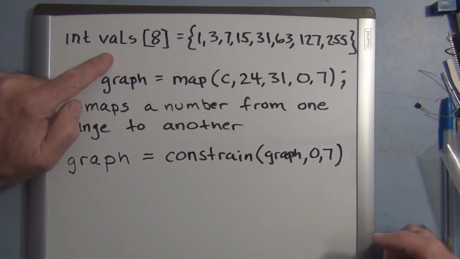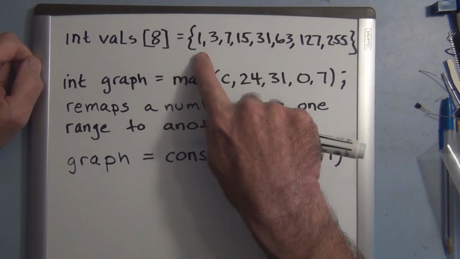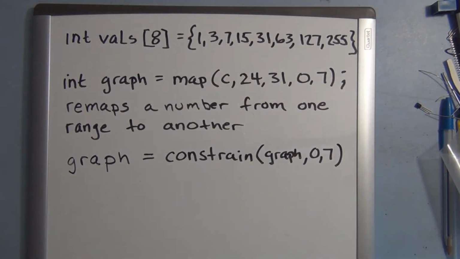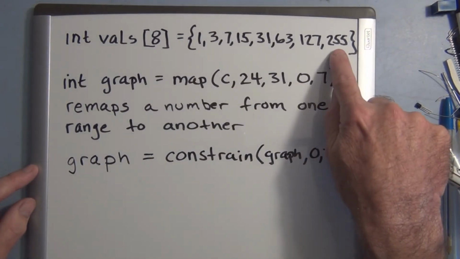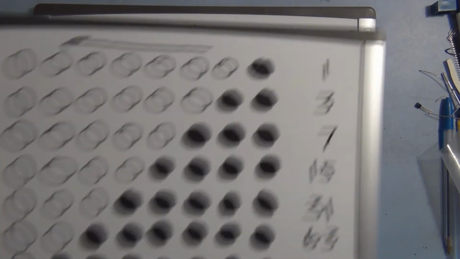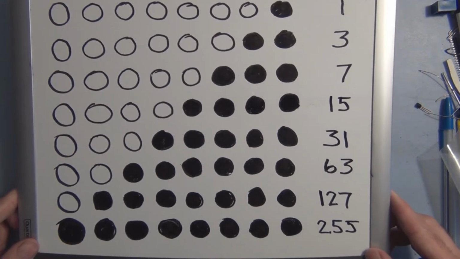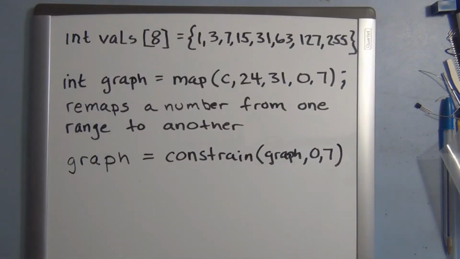We start off by creating an array, and the array is going to have all those decimal numbers that will give us the right combination of LEDs being lit from 1 to 255. Remember, those are the numbers that will light the LEDs in the bar graph representation that we want. Now internally they're going to be in binary form.